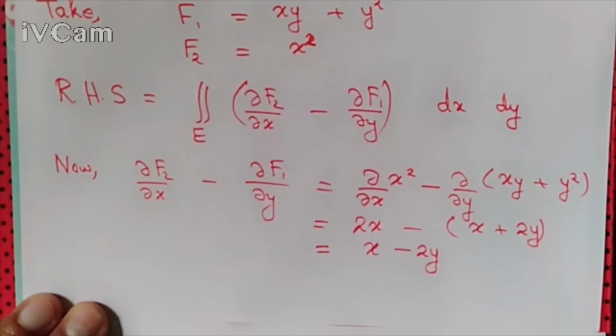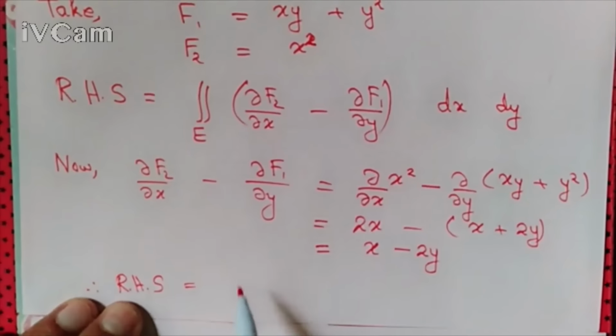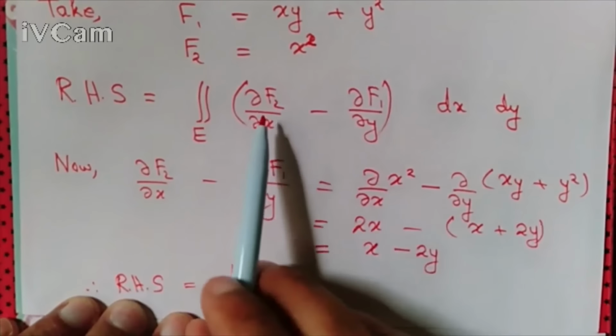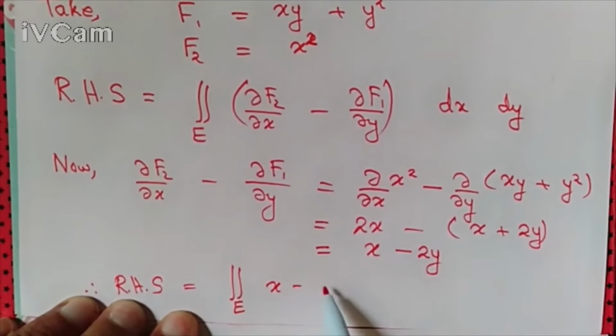Therefore, RHS equal to integral over E del f2 to del x minus del f1 del y, that is just x minus 2y dx dy.